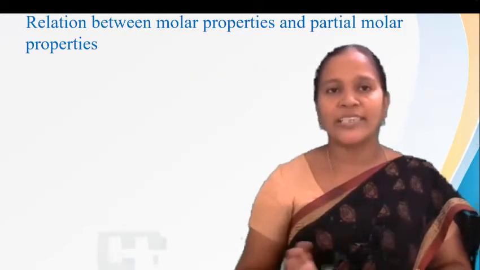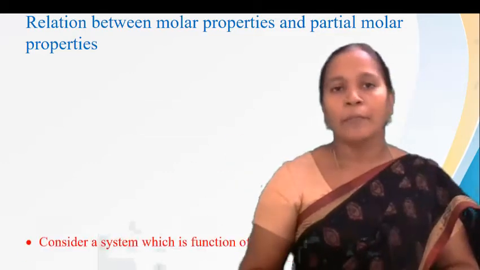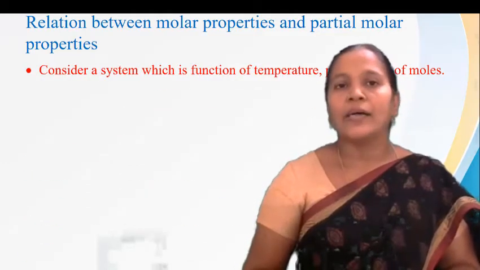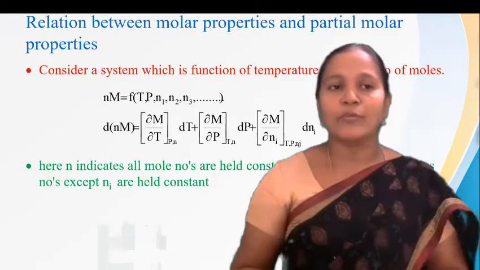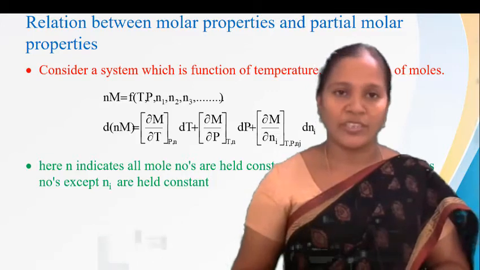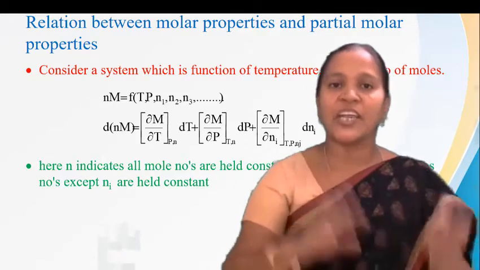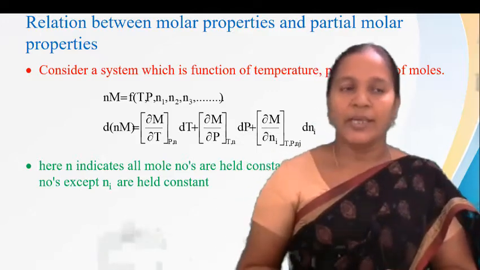Now coming to the relation between molar properties and partial molar properties. Here, consider a system which is a function of temperature, pressure and number of moles. Nm is a function of temperature, pressure and number of moles.